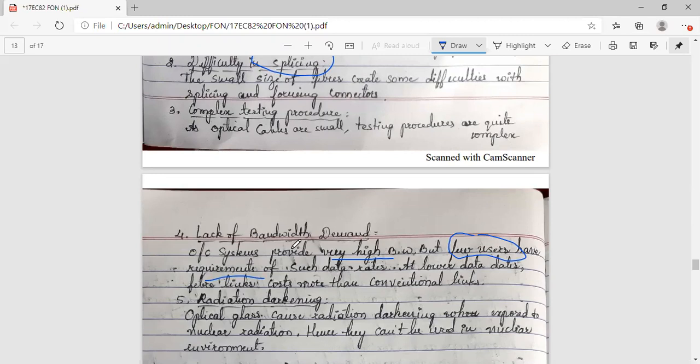So only a few users require high bandwidth capacities, but otherwise, at lower data rates, the optical fiber links cost more than the conventional links. So they provide high data rate, but not all data is used by everybody. That is the thing, lack of bandwidth demand. Not everybody uses that much.